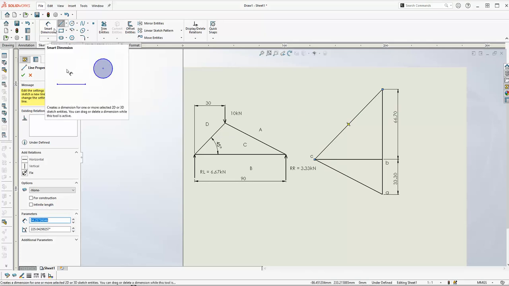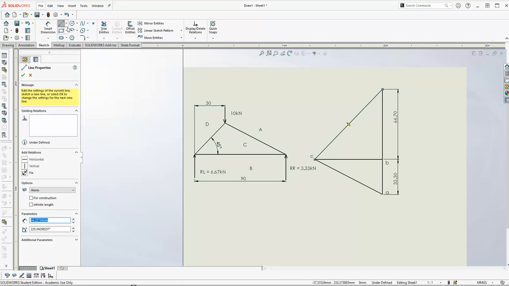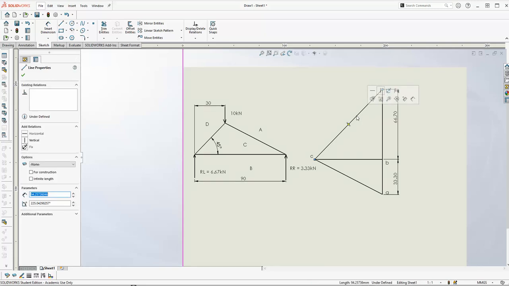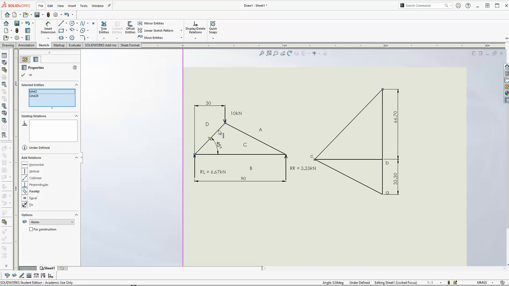I hope so anyway. So we'll just get out of there for a minute, and it should tell me that, yeah, it's overdefined. So yes, it agrees with me, but I don't need to do that because it's already done.